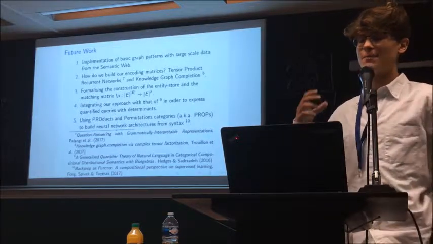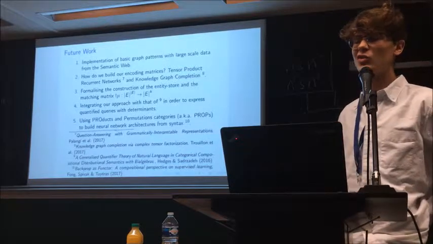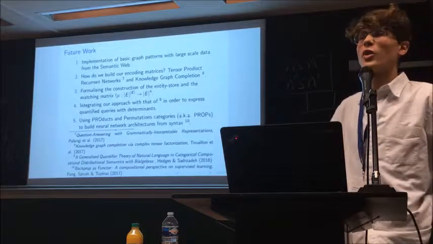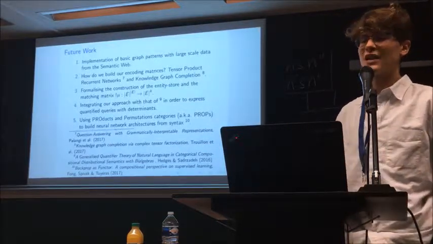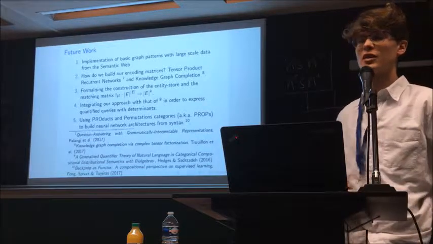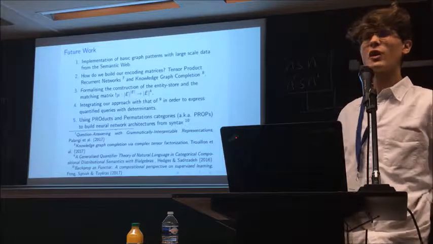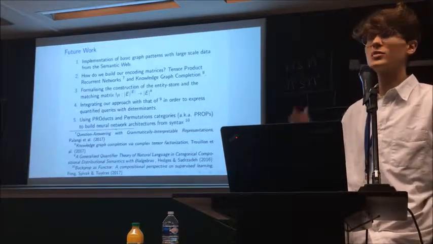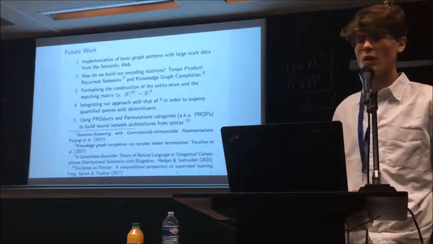Then another potential direction would be looking at implementations using more modern machine learning techniques, like the tensor product representations, and another approach with knowledge graph completion, which would allow to get the encoding matrices with the properties we desire by construction.